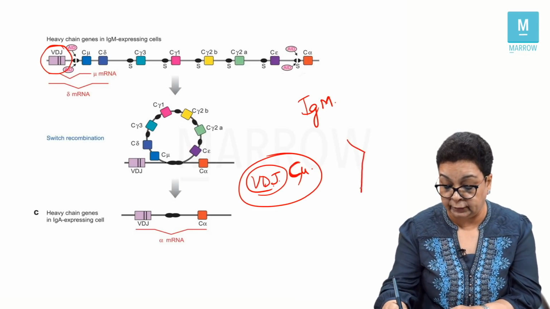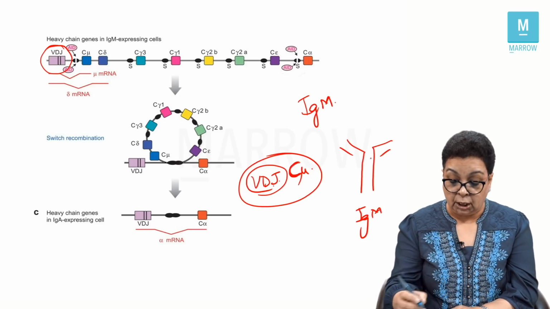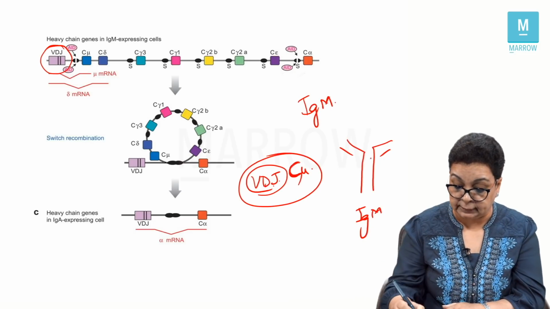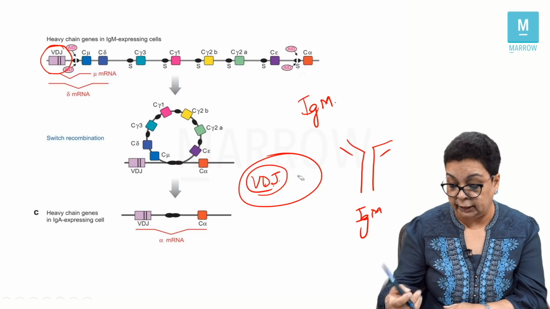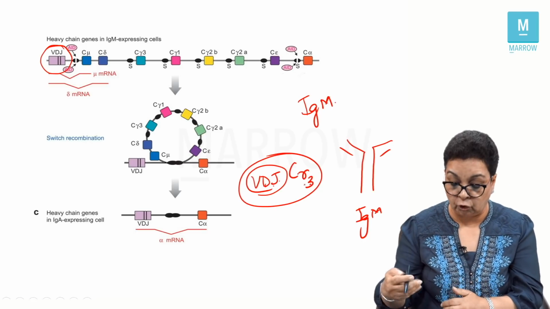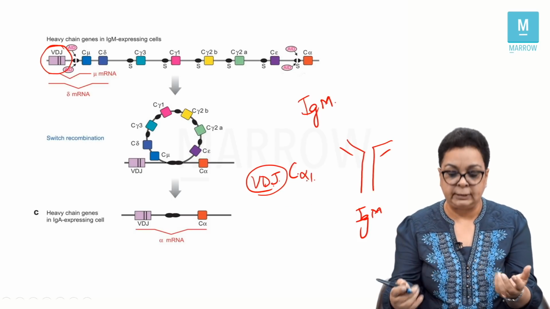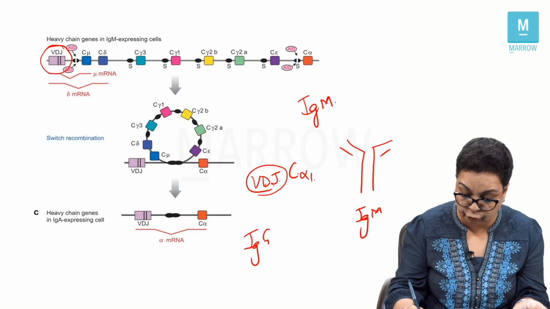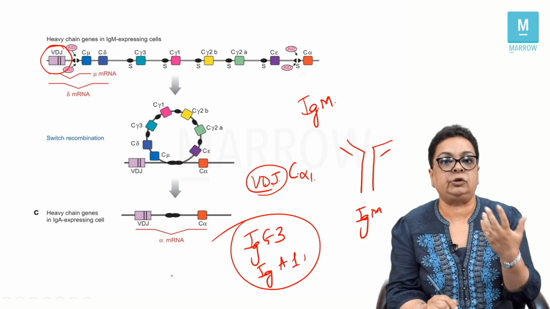So that is why it is secreting IgM antibody. Isn't that so? But because of those signals, instead of C mu, what happens is C gamma 3 gets joined, or it could be C alpha 1 joining up. So it is IgG3 or IgA1 getting secreted by the same B cell.